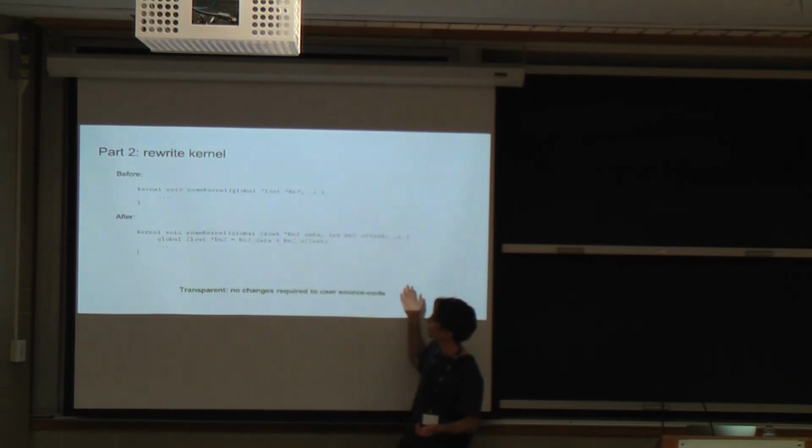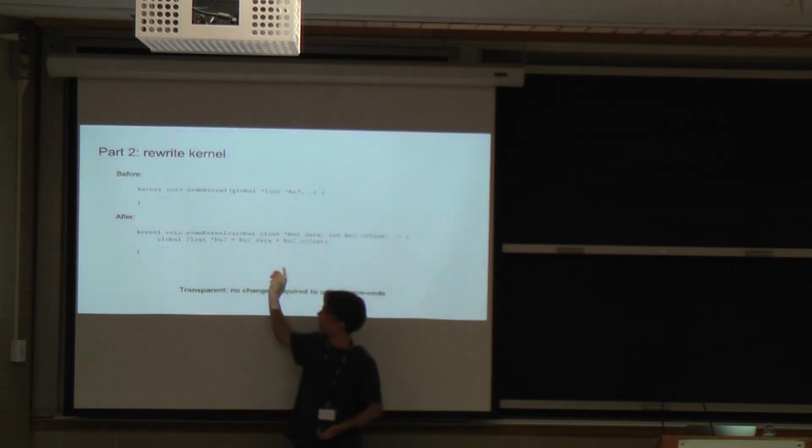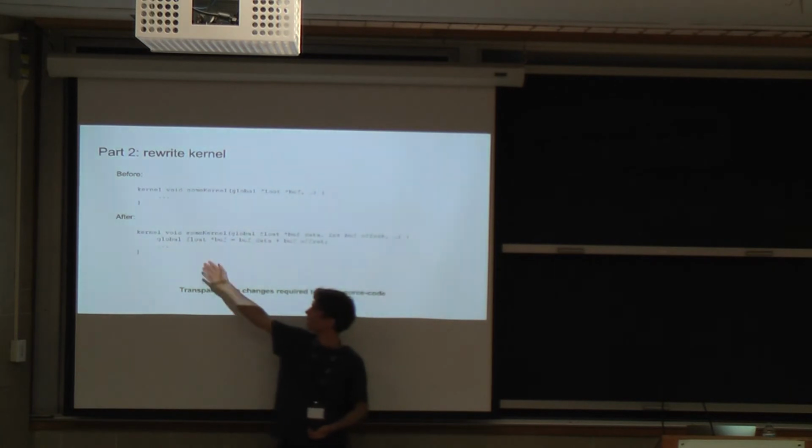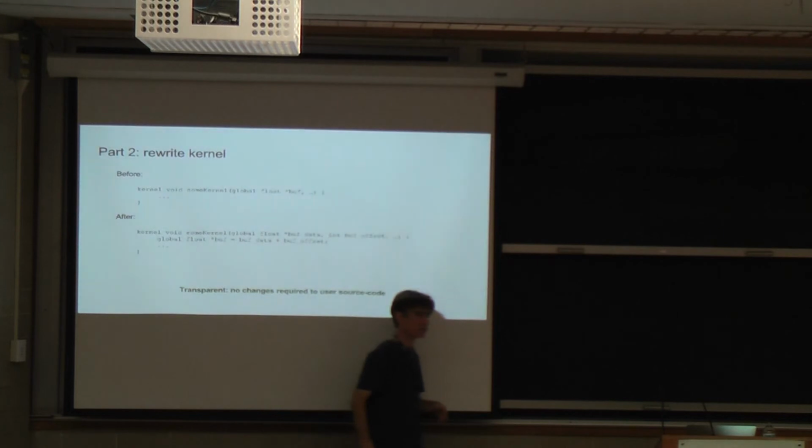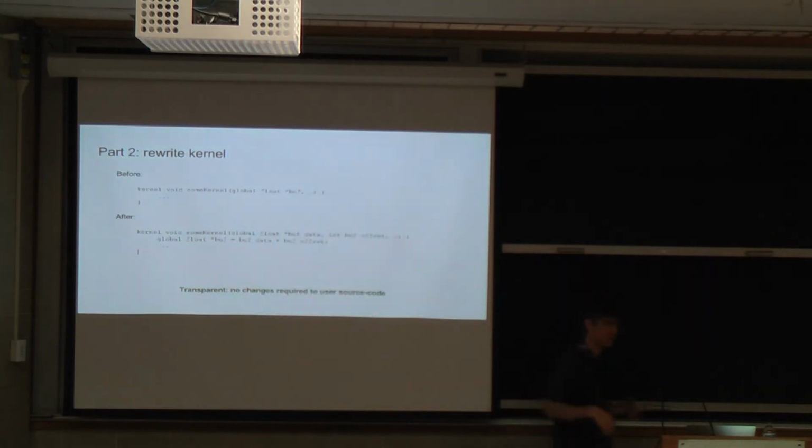And then we simply add a little bit of boilerplate, which is going to add this pointer to this offset and get the pointer into the buffer. So for example, TensorFlow allocates a huge, like 2 GB block of memory, and then just hands out offsets into that. So that's kind of necessary, otherwise you can't do anything out of that. So this is completely transparent and doesn't need any changes to the user source code.